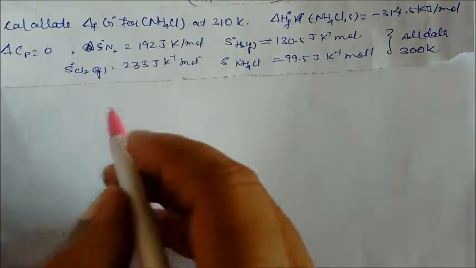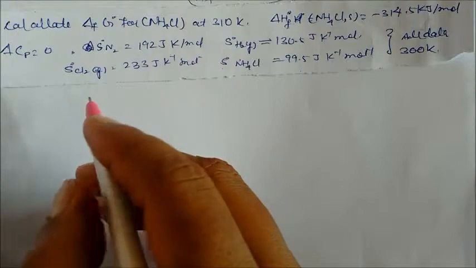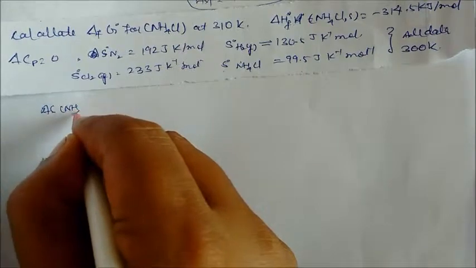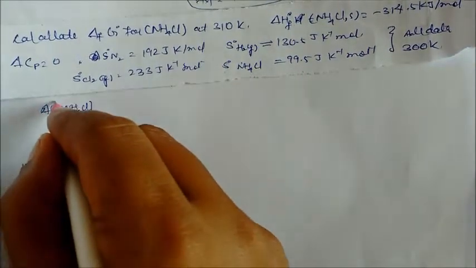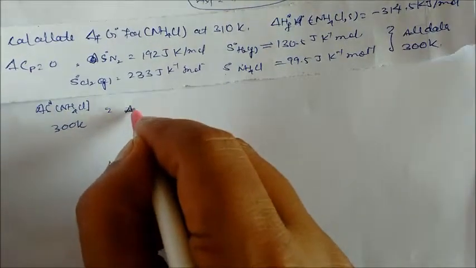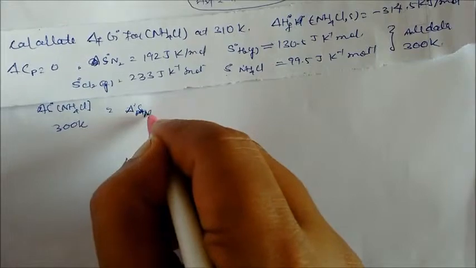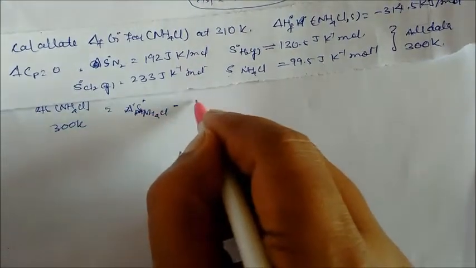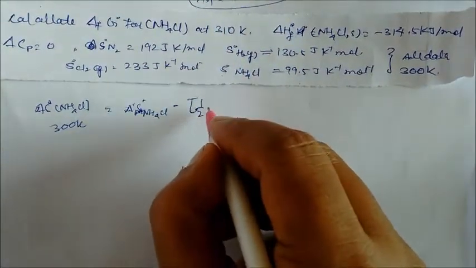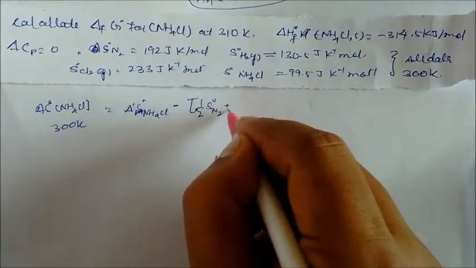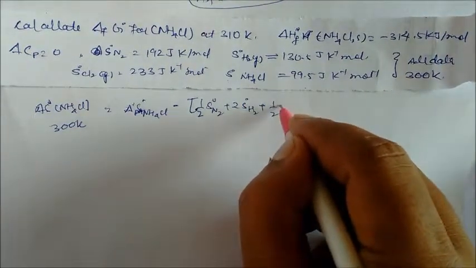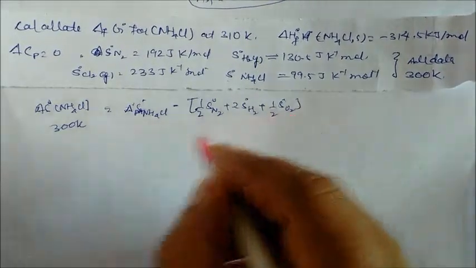So again, first we have to find out the change in entropy of this reaction. Here we can write the change in entropy of ammonium chloride at 300 Kelvin. This will be the entropy of ammonium chloride minus half into the entropy of nitrogen plus 2 into the entropy of hydrogen plus half into the entropy of chlorine. So how much does this become?